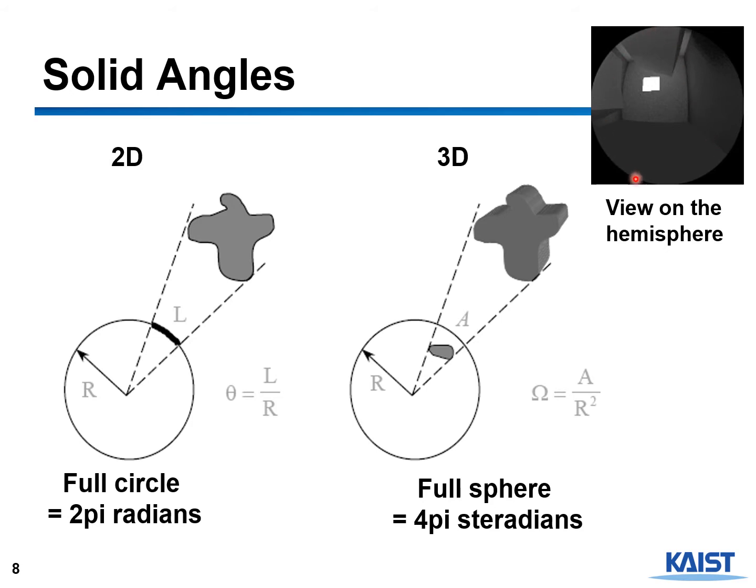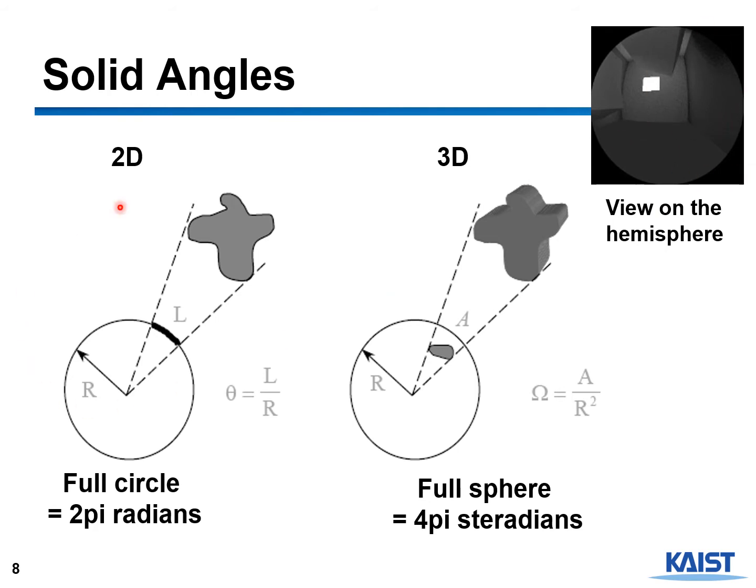By looking at this surrounding view projected on the hemisphere, we can see from what direction we can receive what kind of energy. In this case, from the light source we can get a lot of energy. From other surrounding areas, we get a small amount of energy. So that's why we need this for developing the rendering equation.